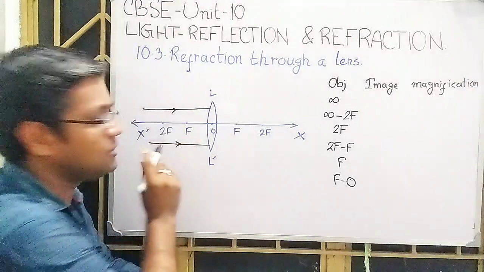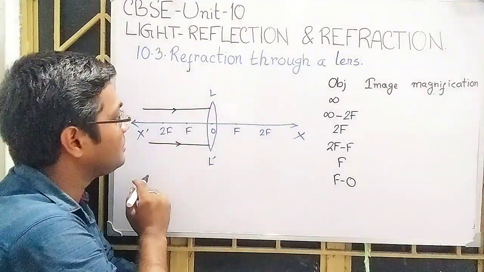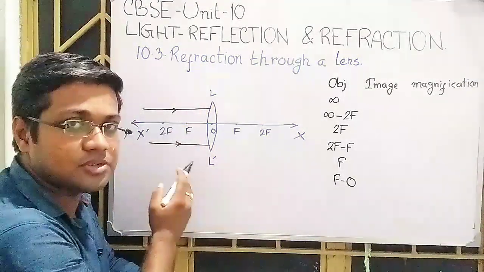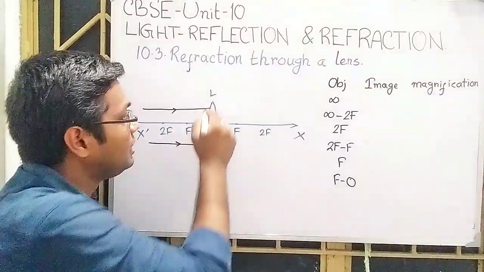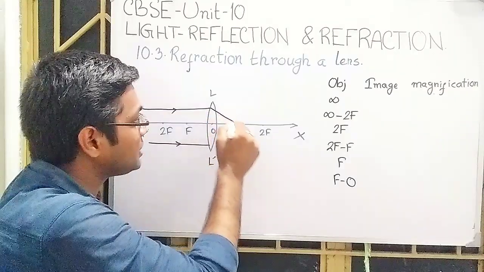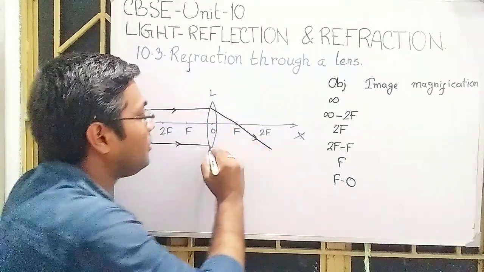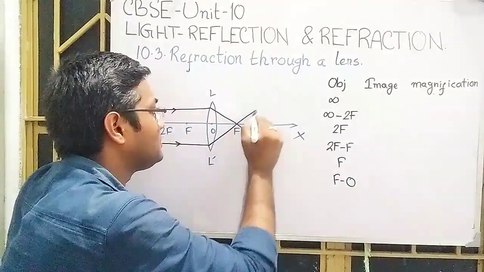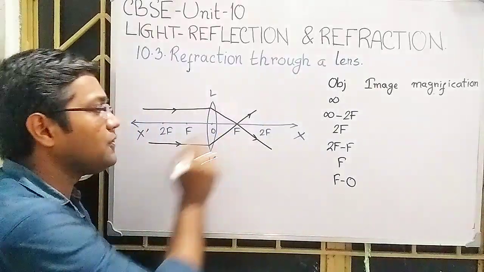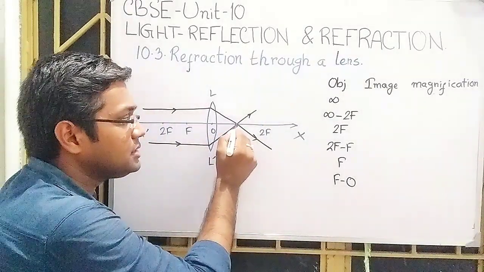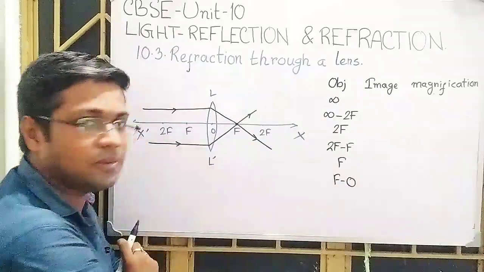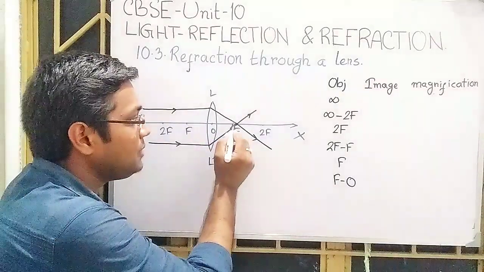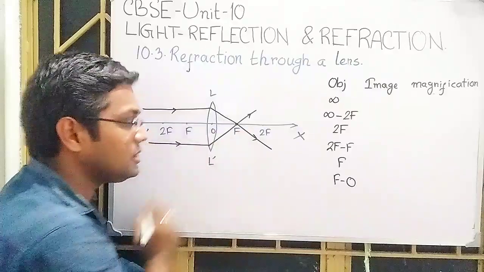According to the first rule of image construction, in the case of a convex lens, the light rays after refraction pass through the focus. I am following the first one. So these two refracted light rays intersect each other at this point, and this point is the focus. So the image will be obtained at the focus.